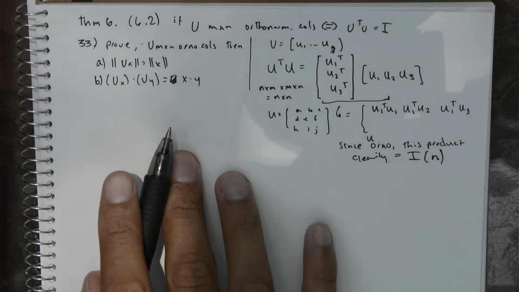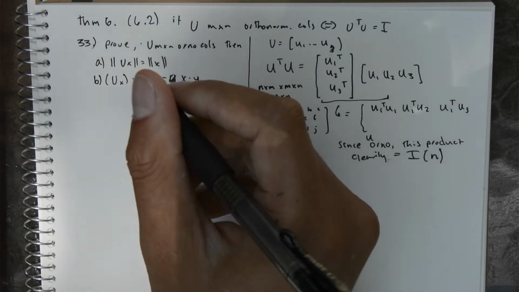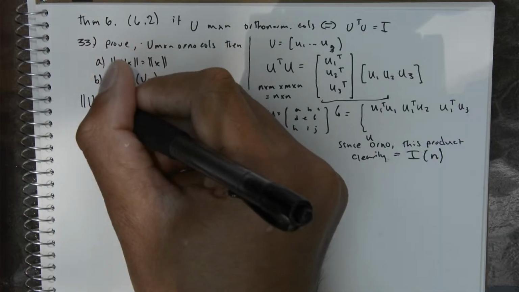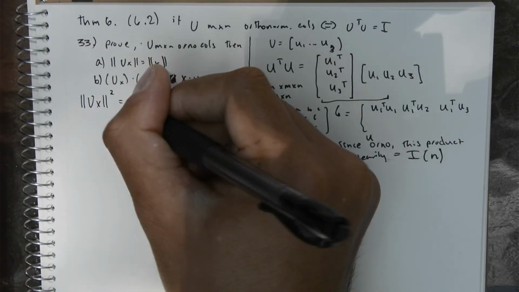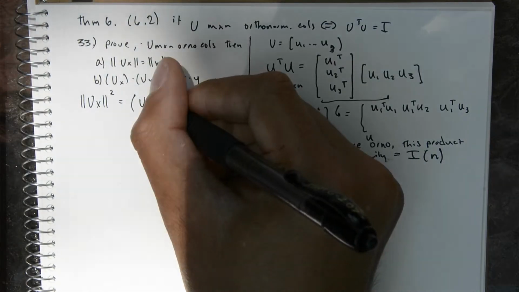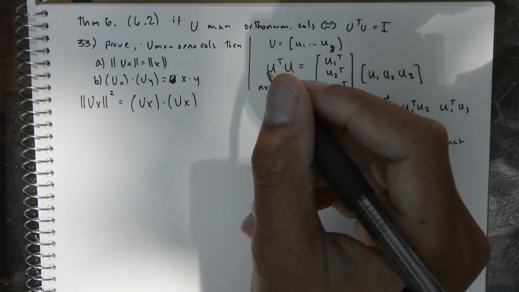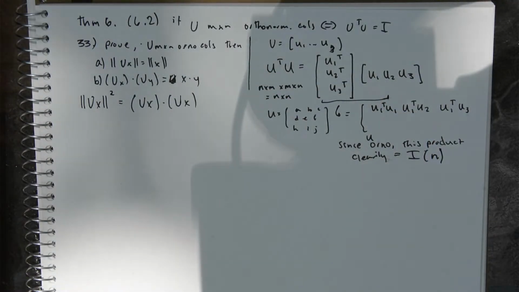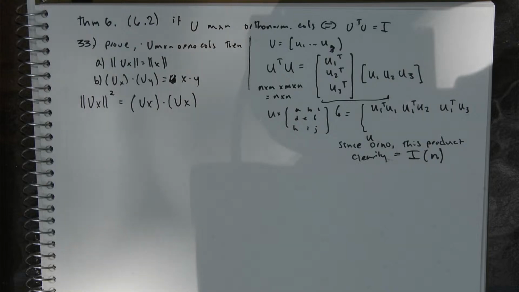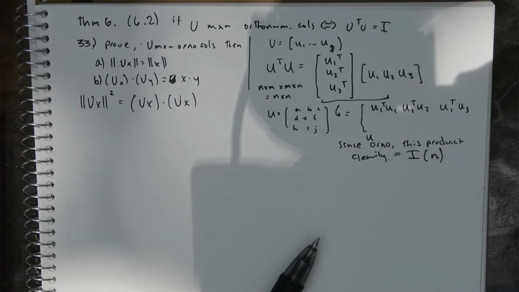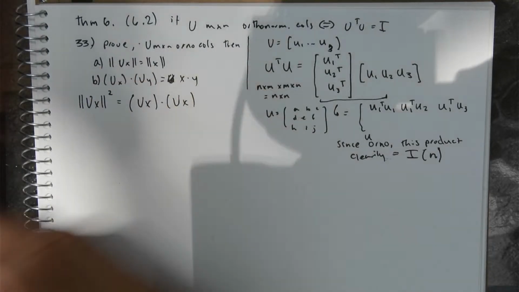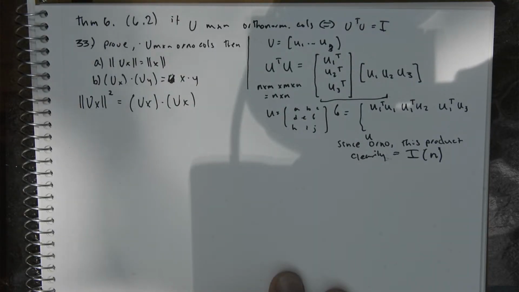Okay, now for this proof. So ux squared is going to be equal to ux dot ux. But now they do this thing.